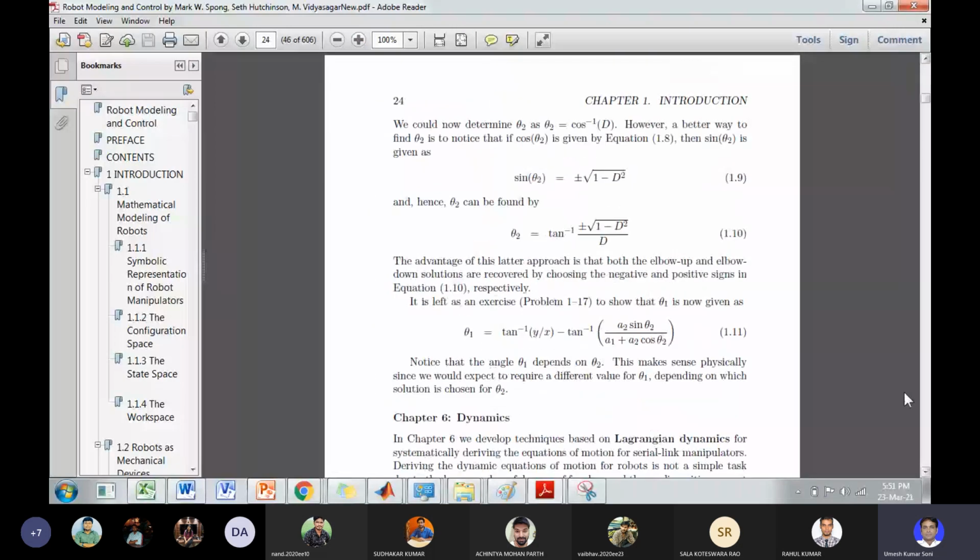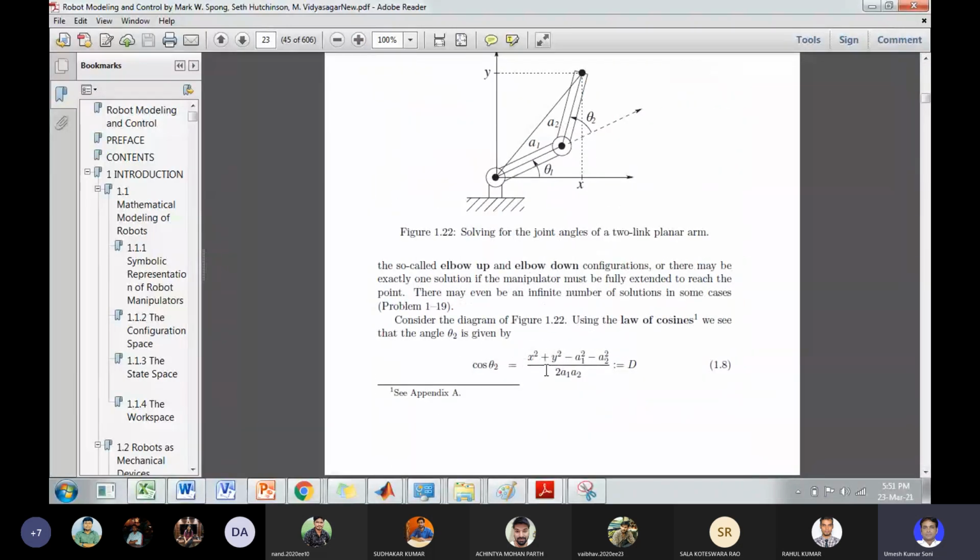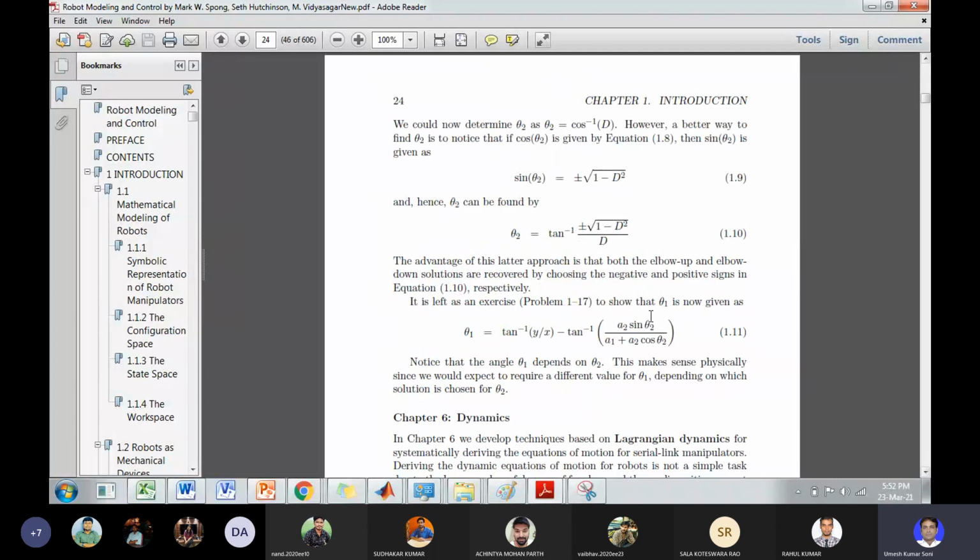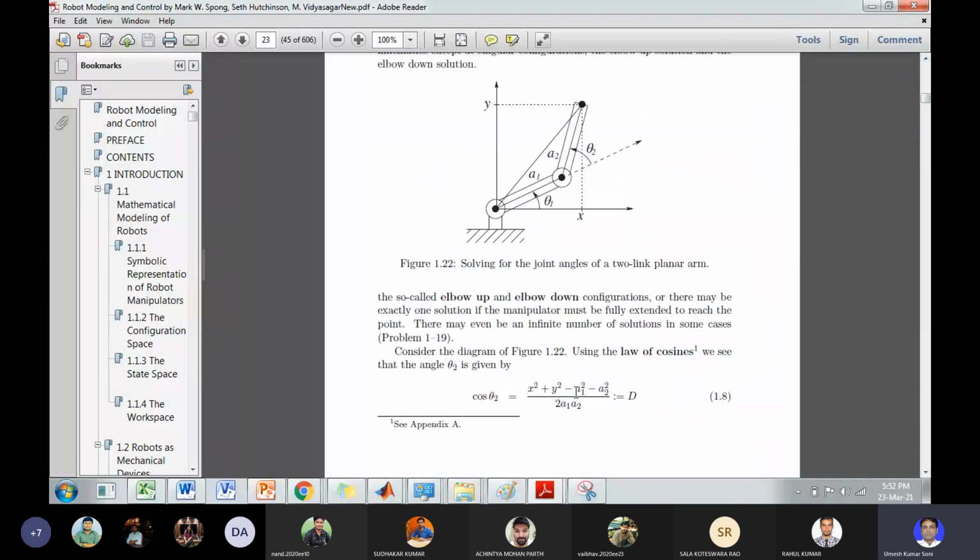You have cos θ2, you have determined like this. Previously you have solved this problem. Okay, you determine the θ2, then you can calculate the θ1. So in terms of x and y coordinates you can determine θ2, which is a function of tool coordinates.